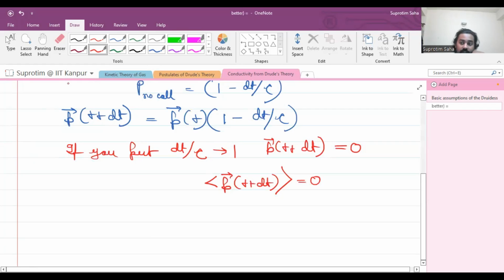All right. So the weightage you have to associate is because of the fraction of electrons that has not undergone a collision in the time interval dt that you are looking at. So the picture is like this.